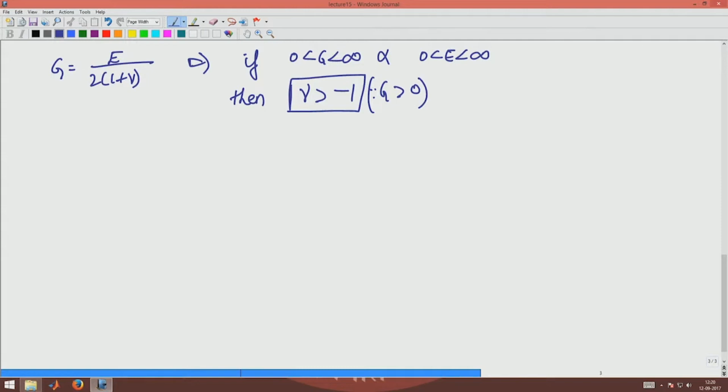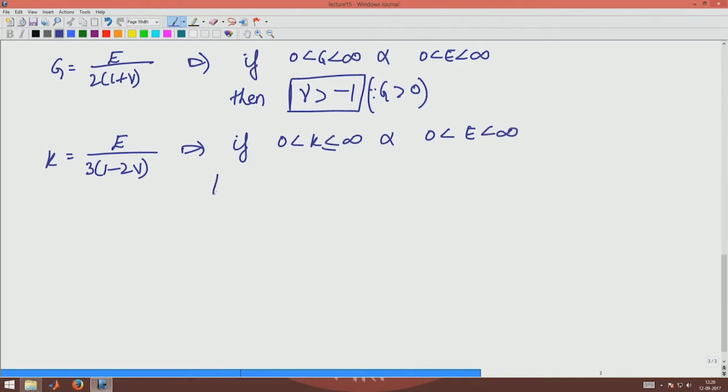Okay. Now, the bulk modulus K is given as E by 3 into 1 minus 2 nu. Okay. Since bulk modulus is E by 3 into 1 minus 2 nu, it implies that if 0 less than K less than or equal to infinity and 0 less than E less than infinity, then nu has to be less than or equal to 0.5, and nu is 0.5 for incompressible materials.